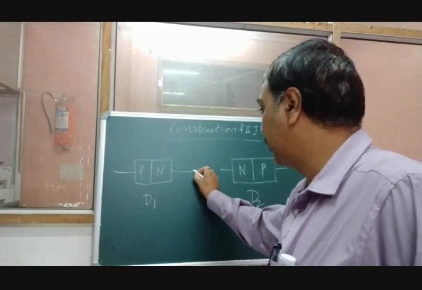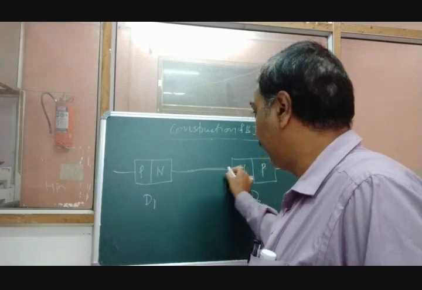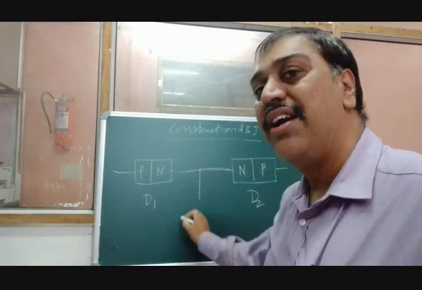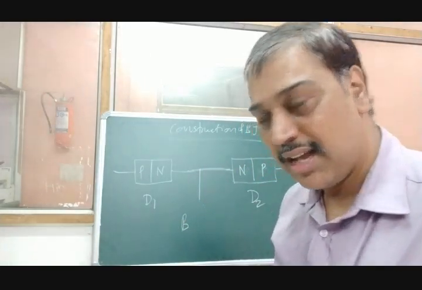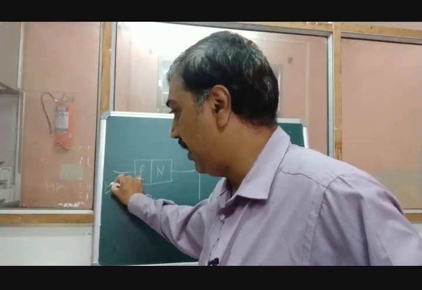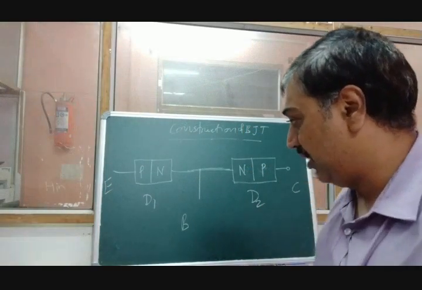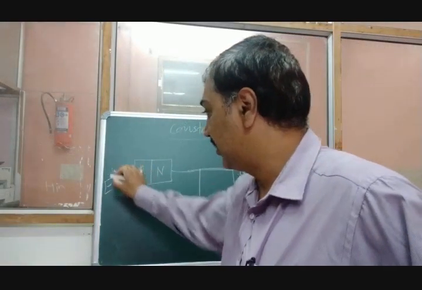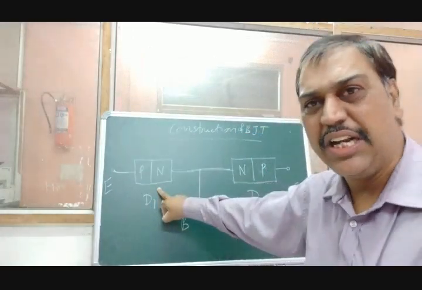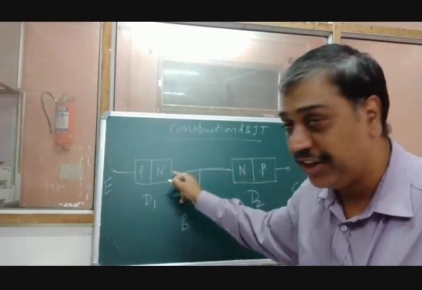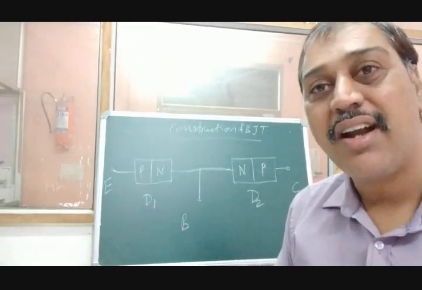Now if you connect these two terminals and take another common terminal, it is said to be the base. This is as usual the emitter, and this would be the collector. Now remember the point: this diode is in the general condition, and at the back of this N, connect the N region. Then this will form a transistor.